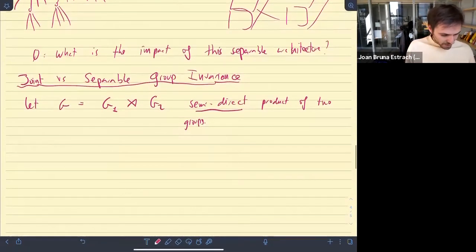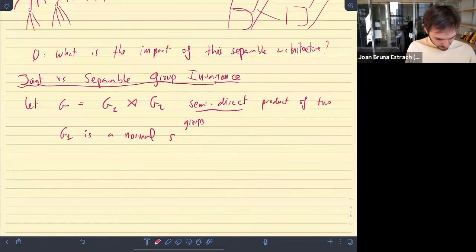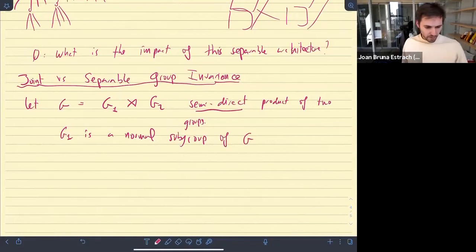What this means is that G1 is a normal subgroup of G. This is another way to say the same thing.